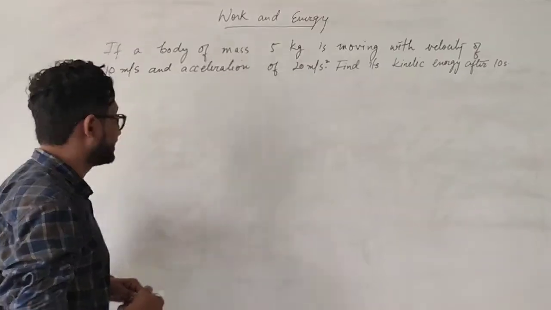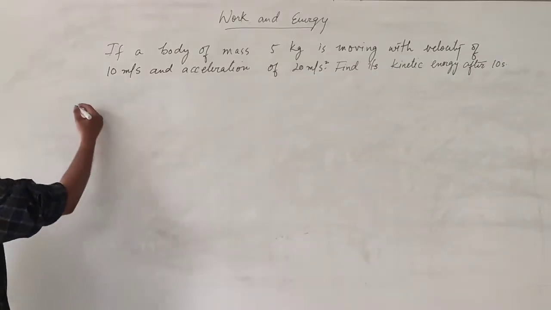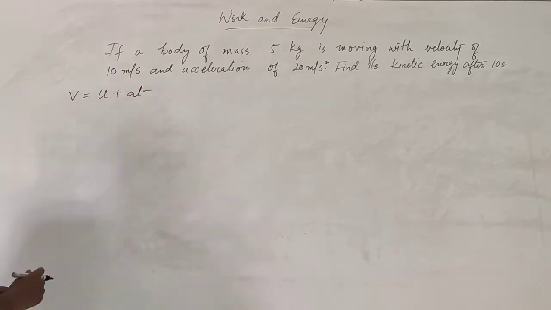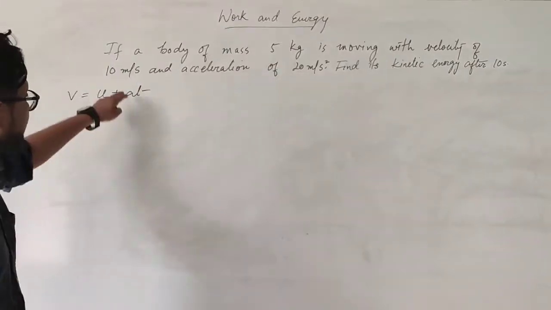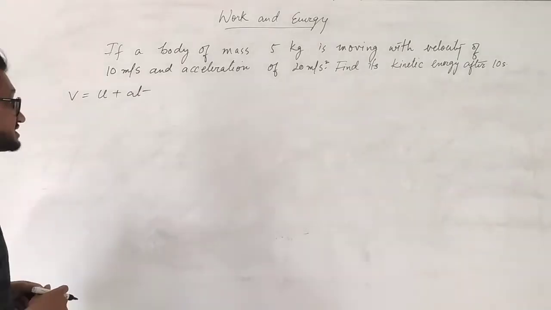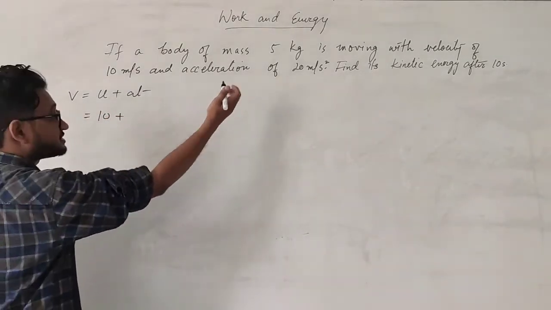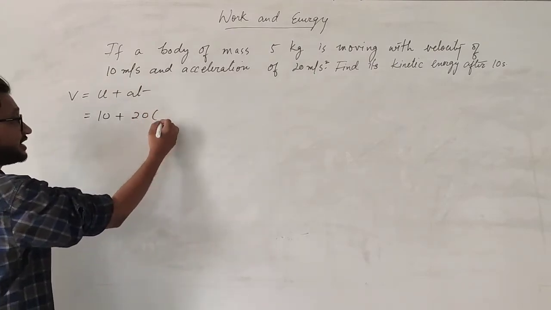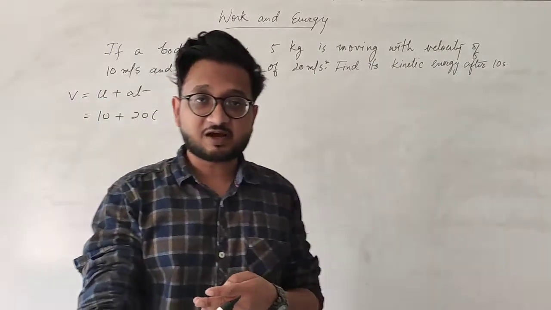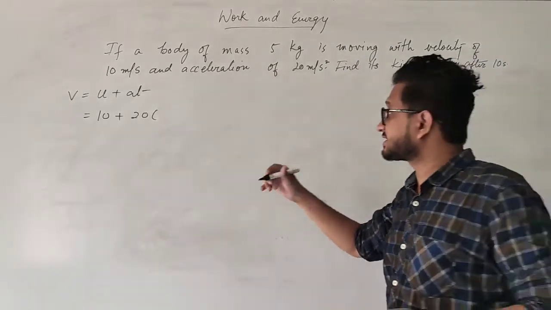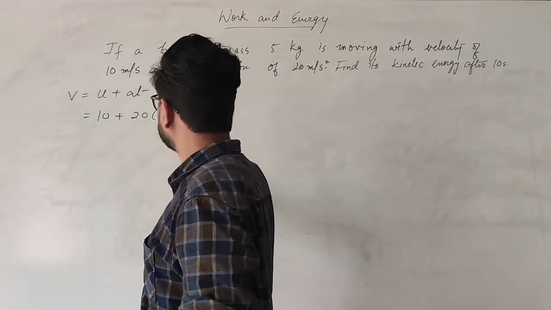And for that, we have the formula that v is equal to u plus at. In this case, the initial velocity is 10 meters per second, so you substitute u as 10. Acceleration is given as 20. And what will be its final velocity after 10 seconds? So the time has been given as 10 seconds, so you write 10 over here.